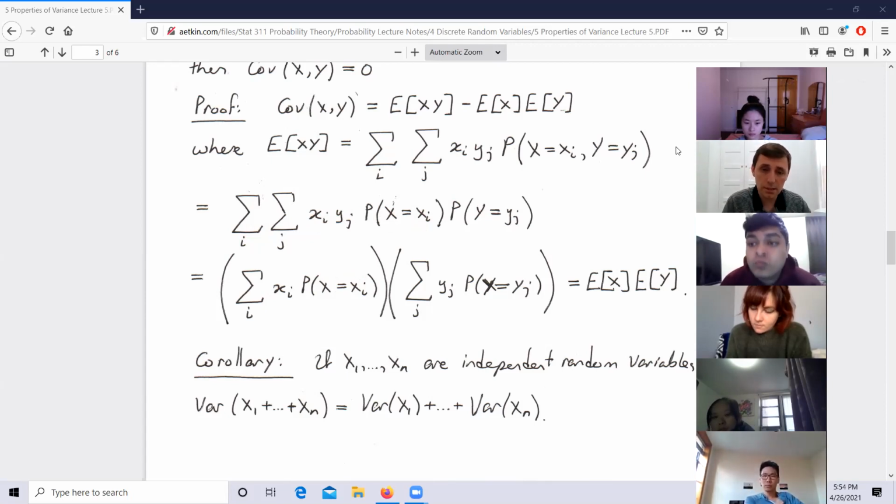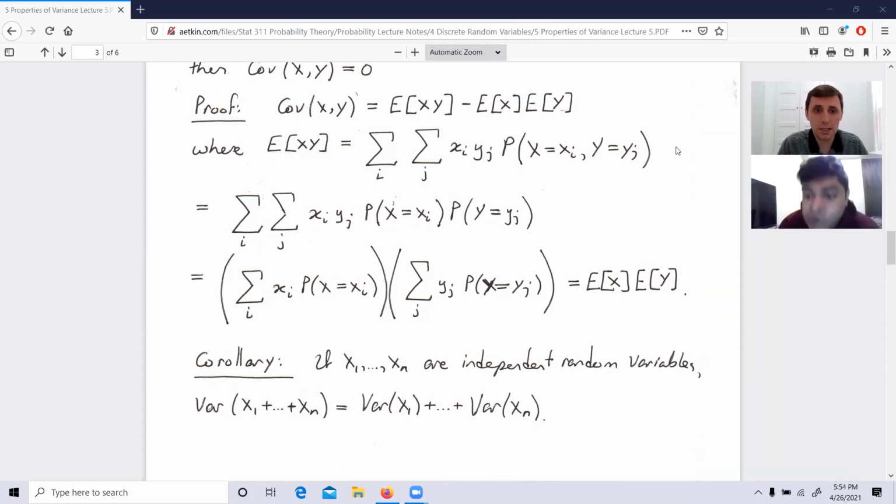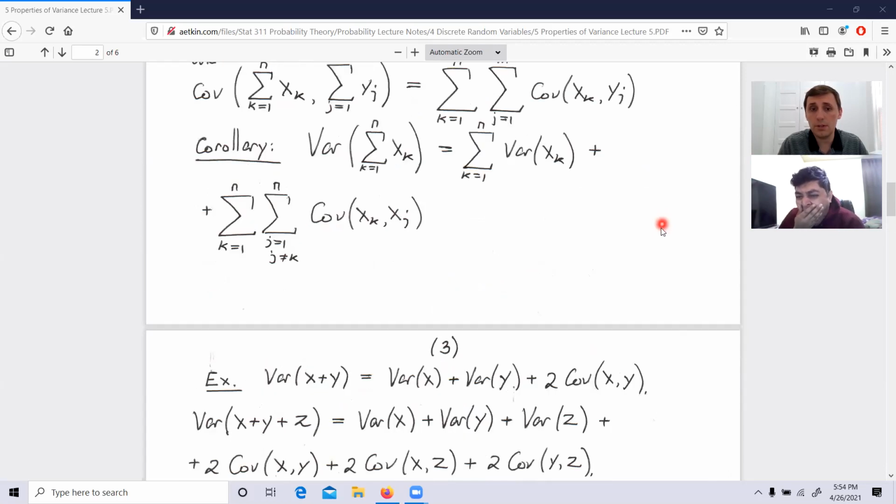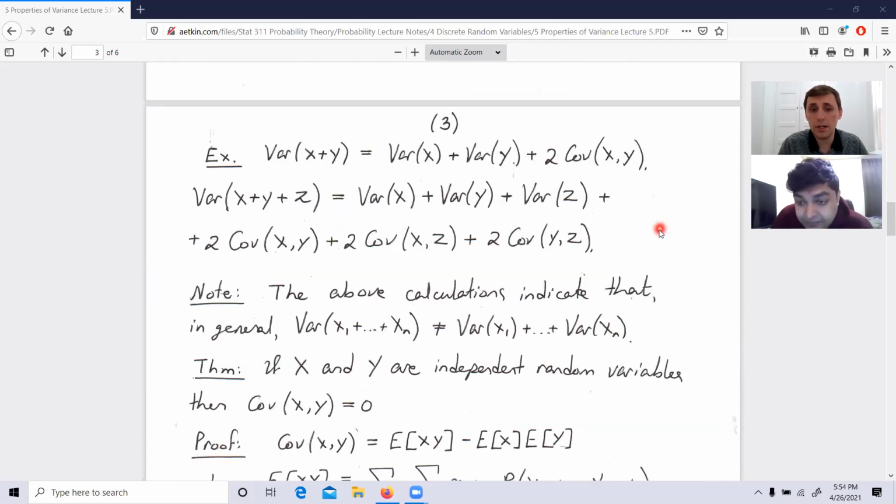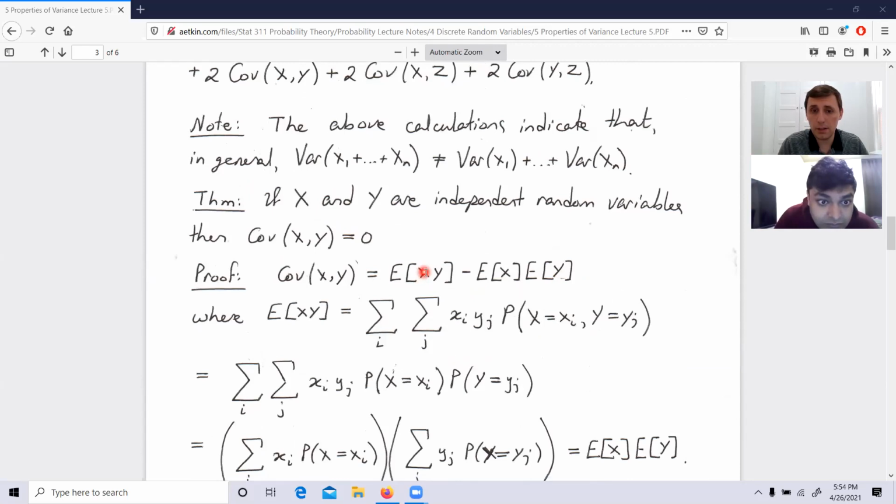They mix like this. So I just look at it and I say, oh, that's now exactly just a mixture, right? So I can take x, p of xi, I can separate it as a sum from a y, p of yj. And that becomes expected value of x times the expected value of y, which now, because covariance, you remember, covariance is expected value of xy minus expected value x times expected value y, that is 0.